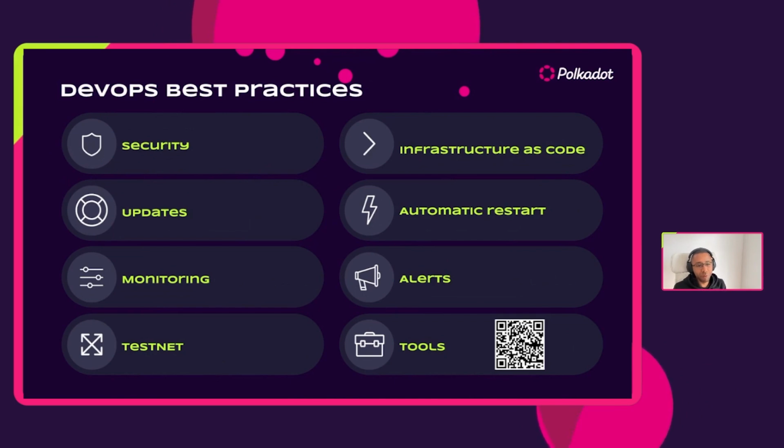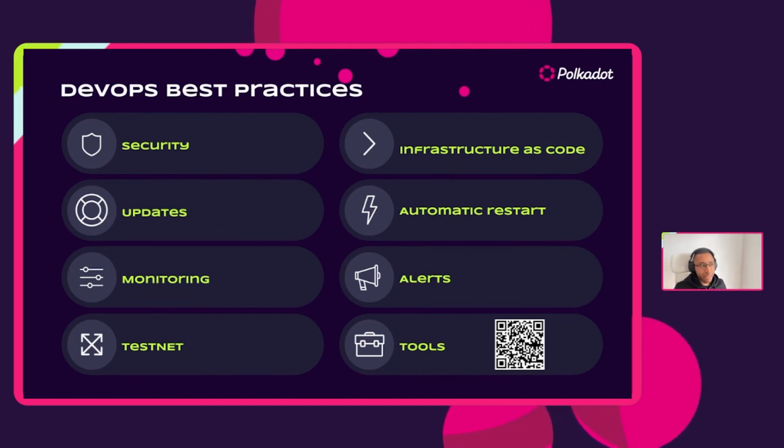Try to avoid manual configuration of these systems and treat infrastructure as code. You can use configuration management systems like Ansible to configure and automate servers in a DevOps environment. There are other tools available in the market as well, like, for example, Puppet and Chef.